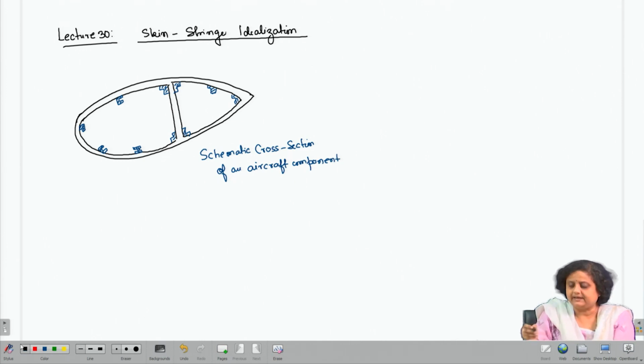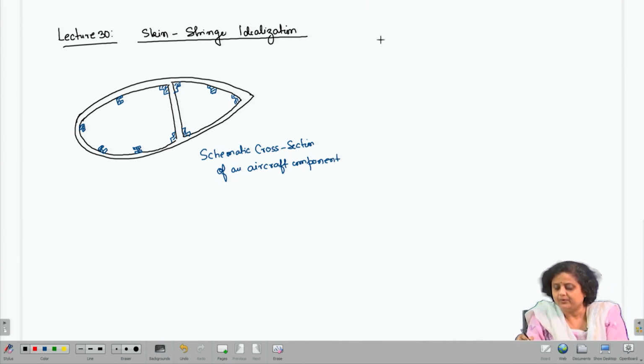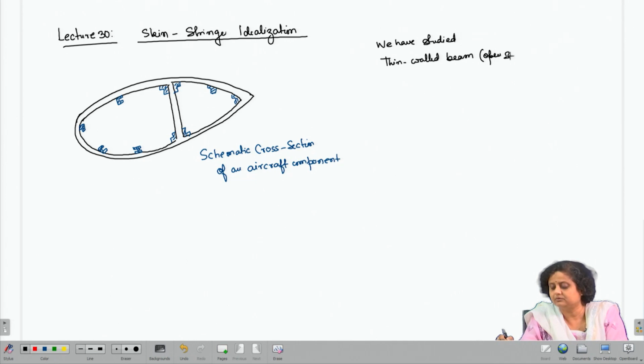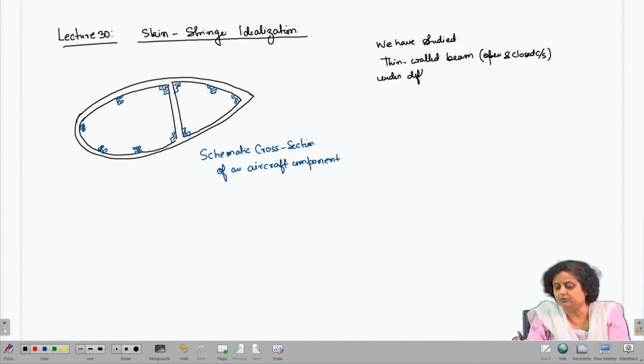So, we can say that up till now we have studied thin walled beams, thin walled cross section beams, both open and closed cross section, under different forms of loading.